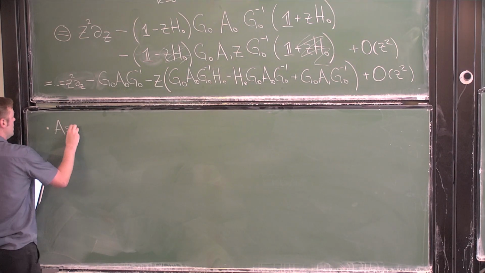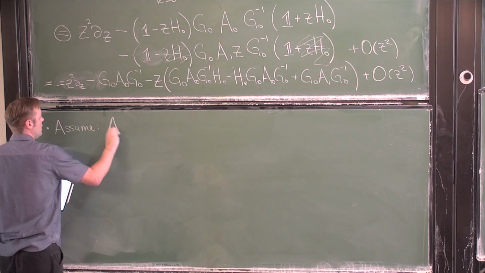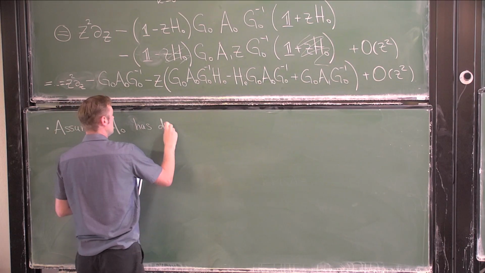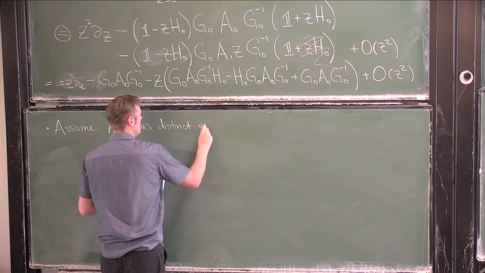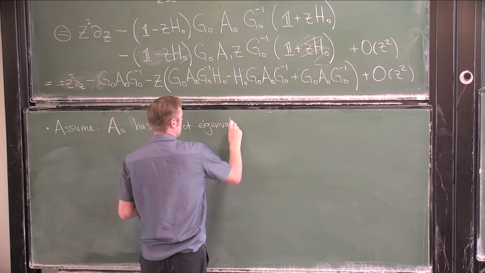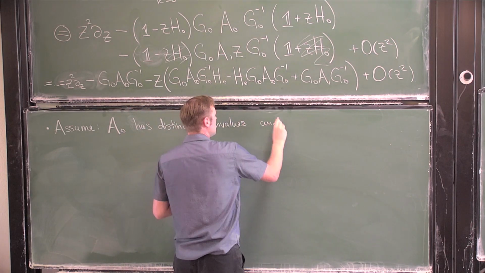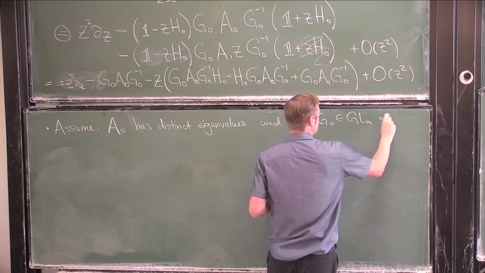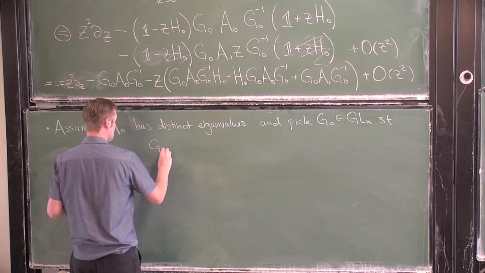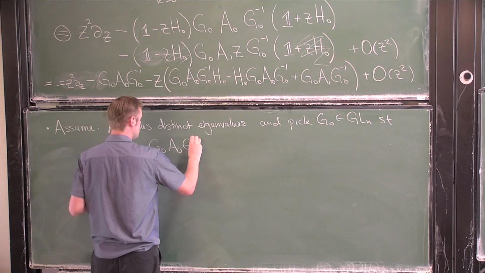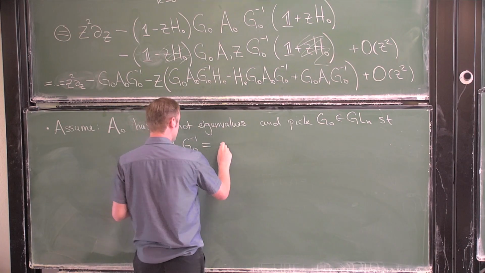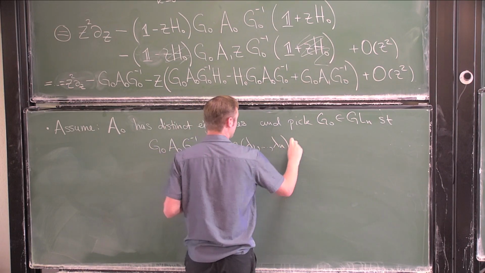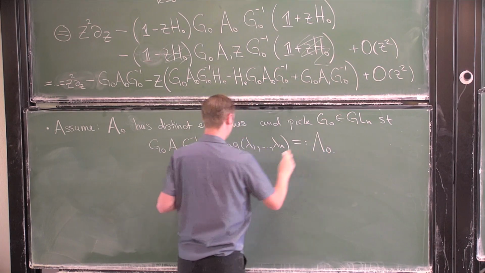Assume A0 has distinct eigenvalues, and pick G0 such that this conjugation G0 A0 G0 inverse is the diagonal matrix of the eigenvalues, which maybe I'll call lambda naught.